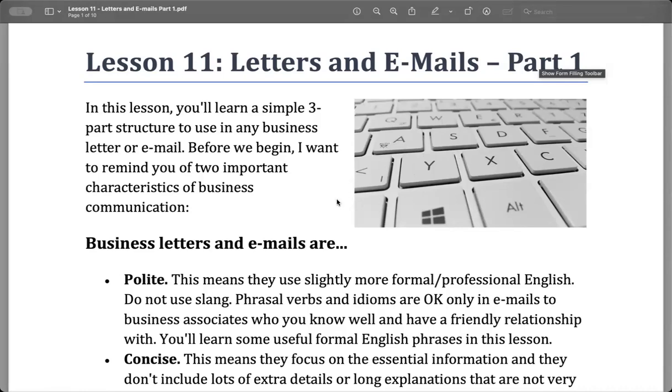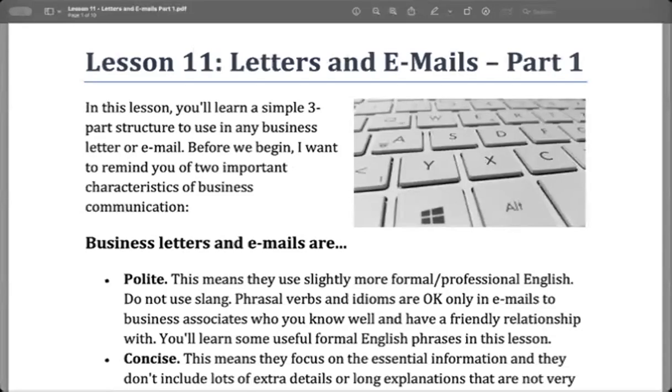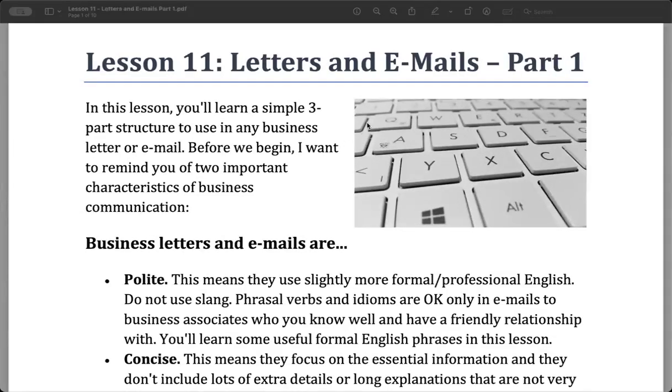Lesson 11, letters and emails, part 1. In this lesson, you will learn a simple three-part structure to use in any business letter or email. Before we begin, I want to remind you of two important characteristics of business communication.